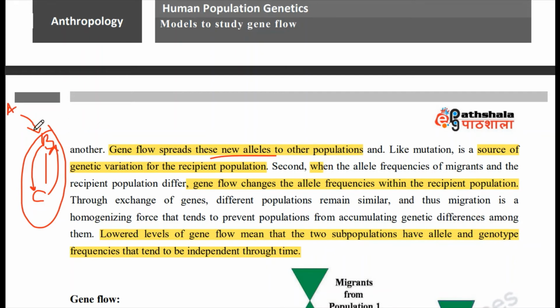But now, because of inflow from A, this entire gene pool is going to have a new allele in it. So there is a spread, because A gave its new alleles to B, and B being in constant interchange with C because of their mating pattern, there is a new allele which is being spread to population C as well. Fine. So there is a gene flow which spread these alleles to other populations.